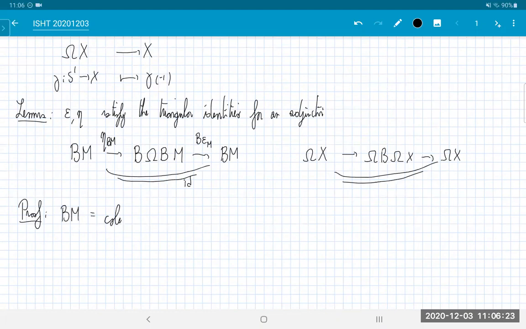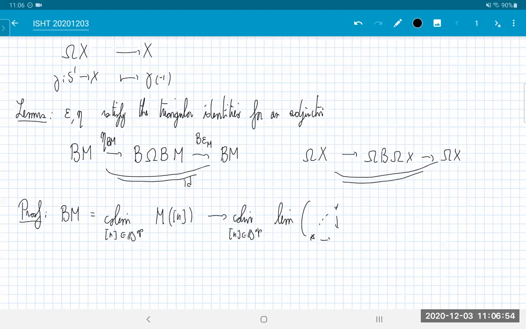So this is the colimit for n of delta up of m of n, and this maps to the colimit for n in delta up of the limit of this diagram of, well, n plus 1 copies of the point, and then this maps to Bm.